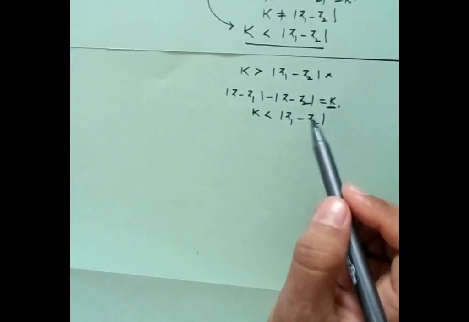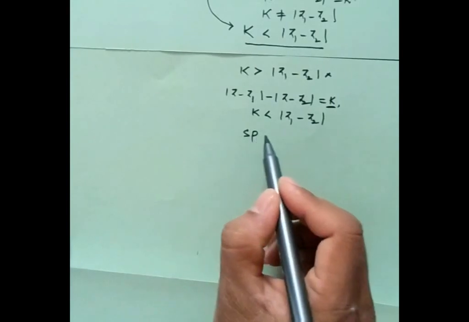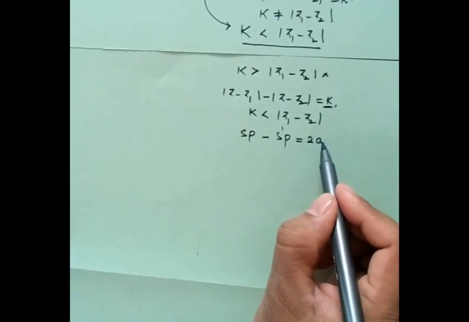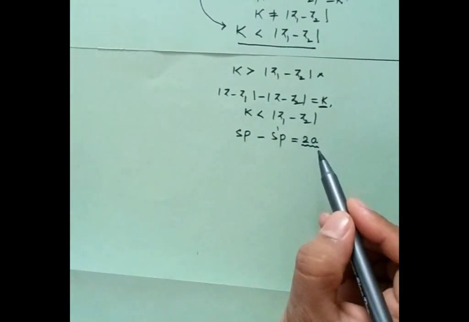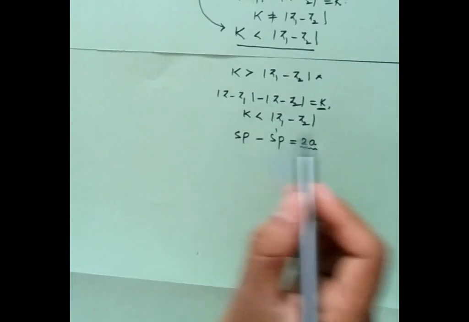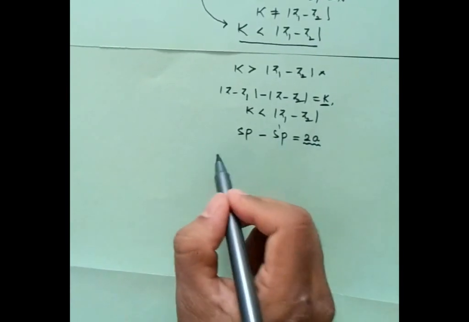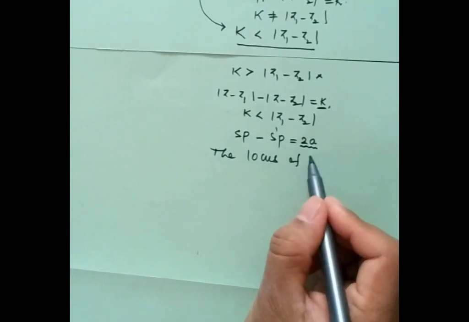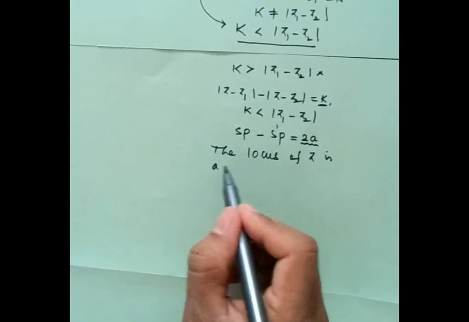In a hyperbola we have the condition, from conics, SP minus S'P equals 2a, where 2a denotes the distance between the vertices. Therefore by this condition we can say that the locus of z is a hyperbola.